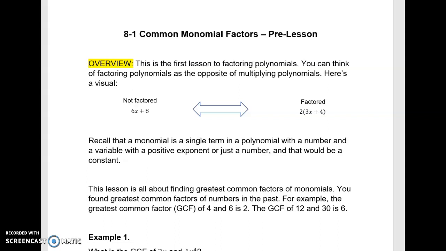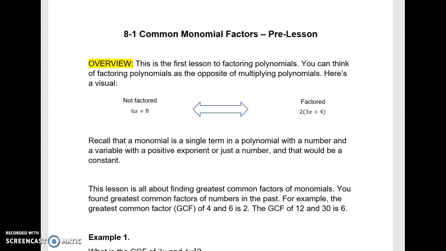And then on the right-hand side, the factored version will look like 2 parentheses 3x plus 4, or 2 times the quantity 3x plus 4. Notice that on the right-hand side, if you did multiply it out using the distributive property, it would be 2 times 3x, which is 6x, plus 2 times 4, which is 8.